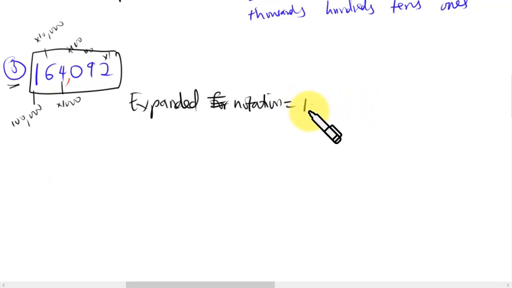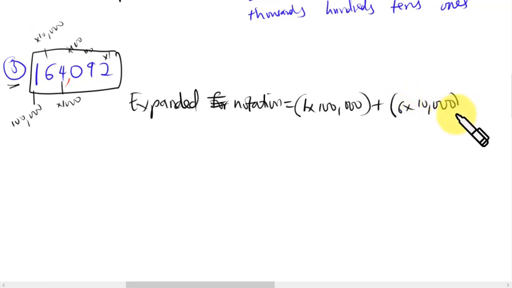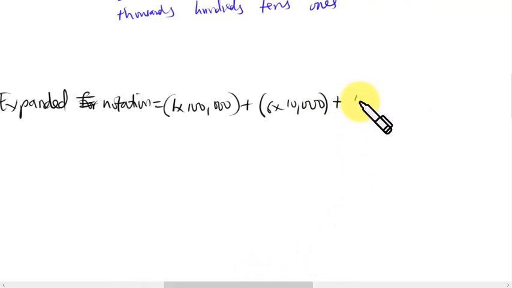So we have 1 times 100,000, plus the 6 is at the 10,000, so we have 6 times 10,000, plus we have 4 at the thousands position, so we have 4 times 1,000, plus, let's look at the next digit.